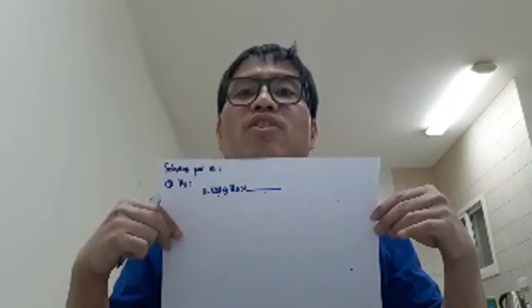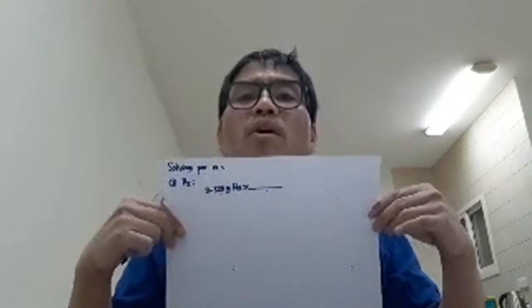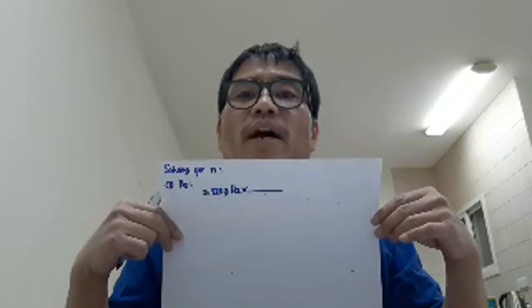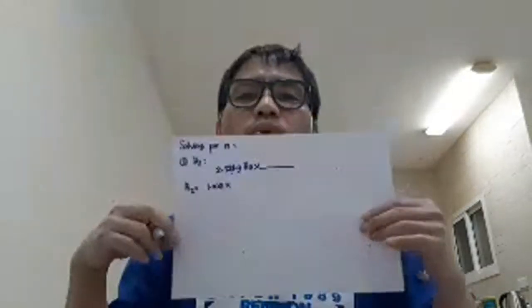You should be extra careful with the terminologies. The atomic weight of hydrogen is 1.008. So for H2, 1.008 multiplied by 2.